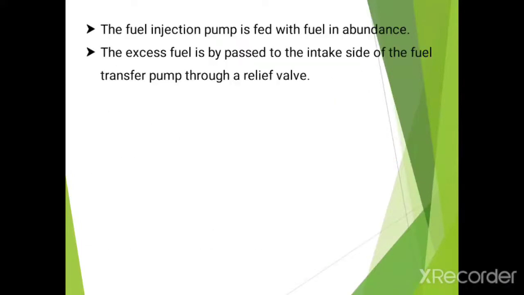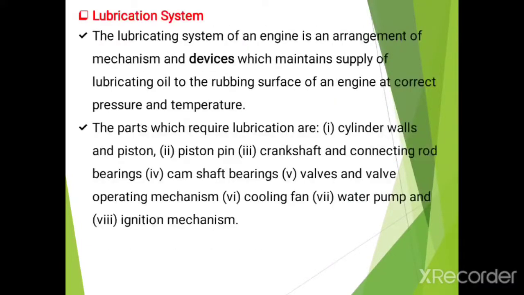Okay. Now the next system, that is the lubrication system. As we know, the friction between the moving parts causes wear at a faster rate and a tremendous amount of heat is produced, right? So to reduce this friction there is a need for lubrication.